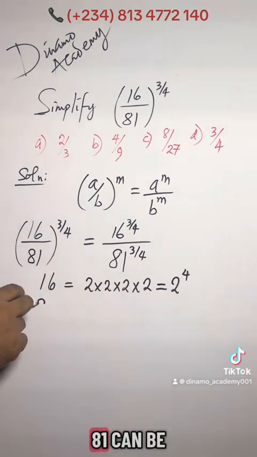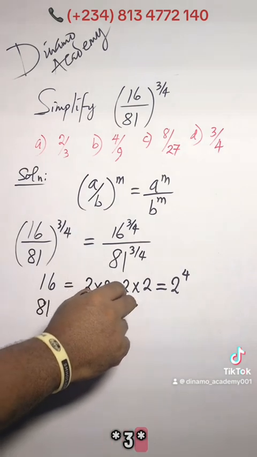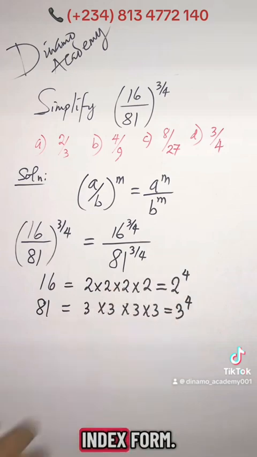In the same way, 81 can be written as 3 times 3 times 3 times 3, and that will give us 3 raised to the power 4 in index form.